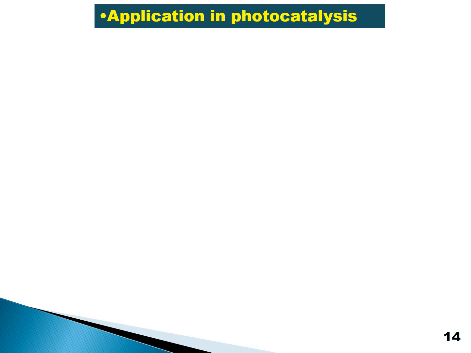The good performance of the copper oxide film allows it to be a good candidate for photocatalysis. For this purpose, the copper oxide was tested on the degradation of methyl orange.